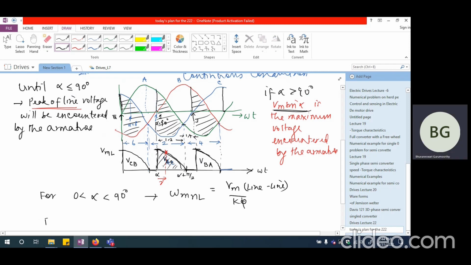Whereas for alpha greater than 90 degrees, the ideal no load speed is going to be Vm sine alpha divided by K5.